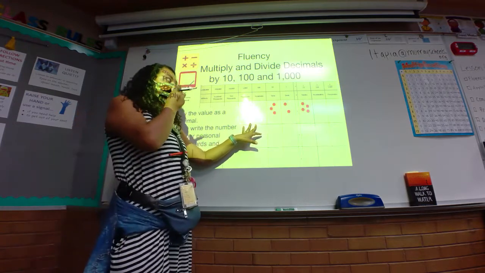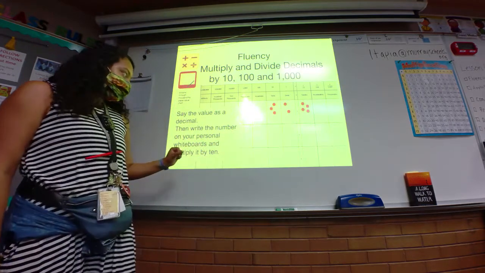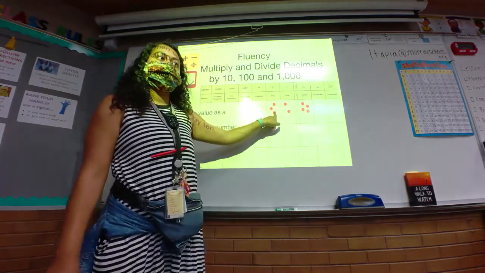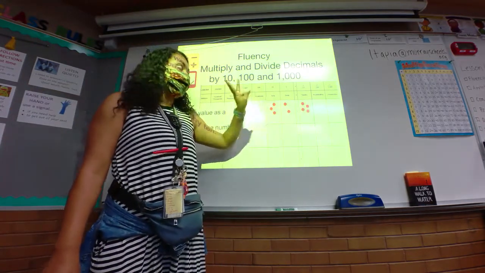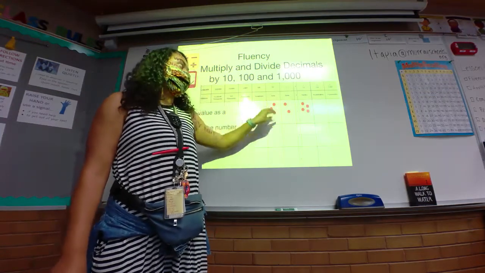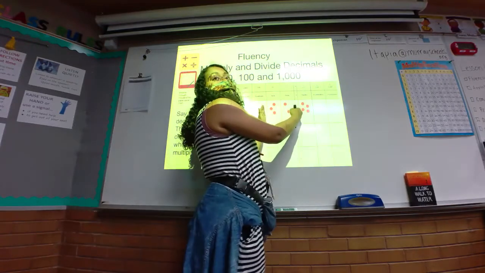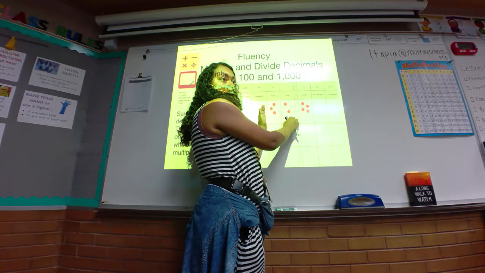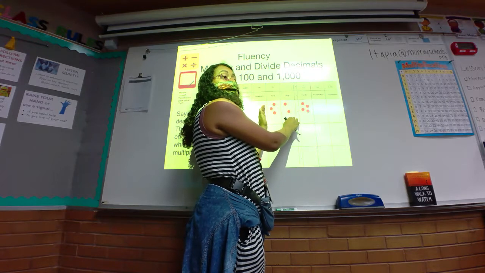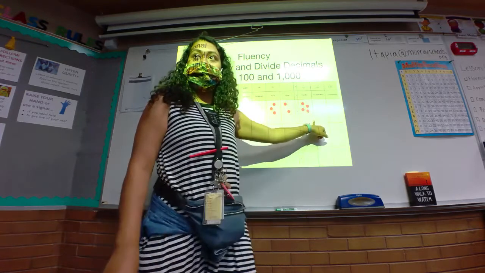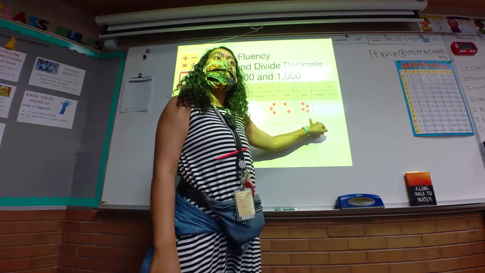All right. Okay, so first one. Say the value of the decimal. So how many tens do we have? 3. How many ones do we have? 2. So how would we say this digit? 32, right? Thank you. So 32. How many tenths do we have? 4.